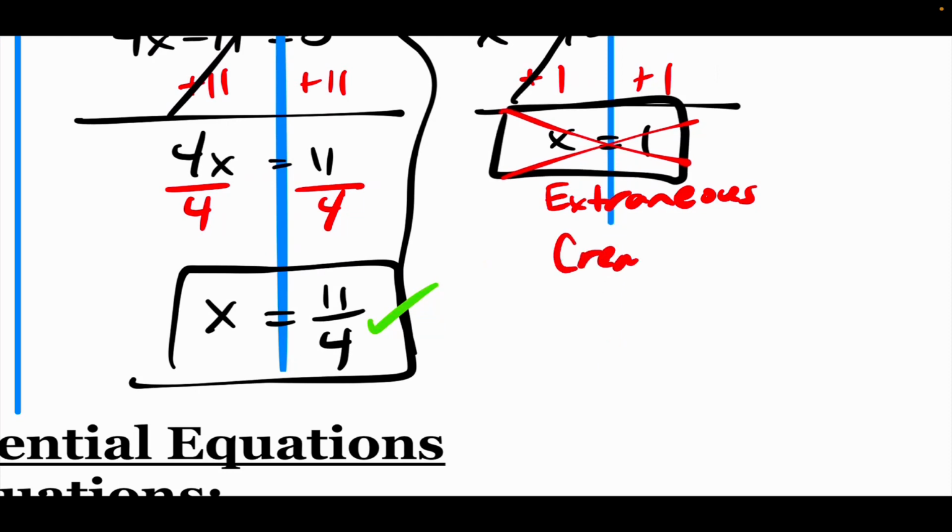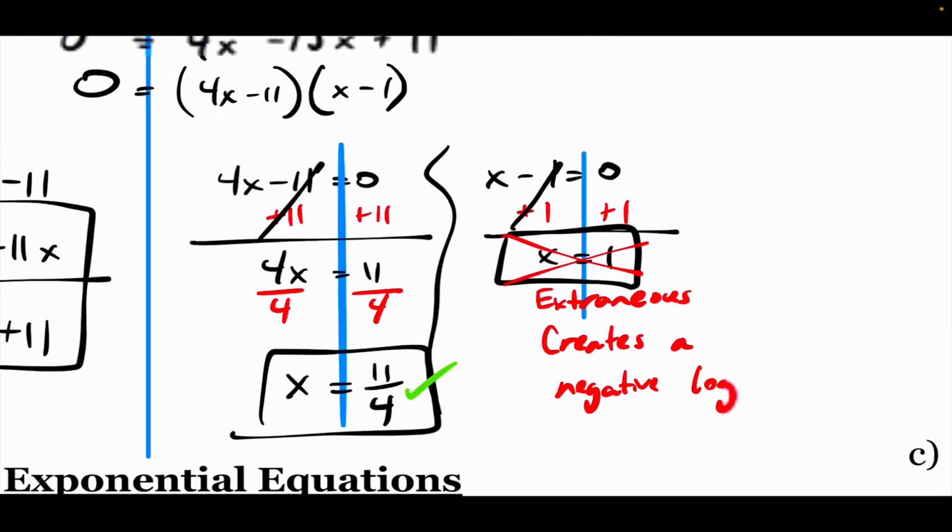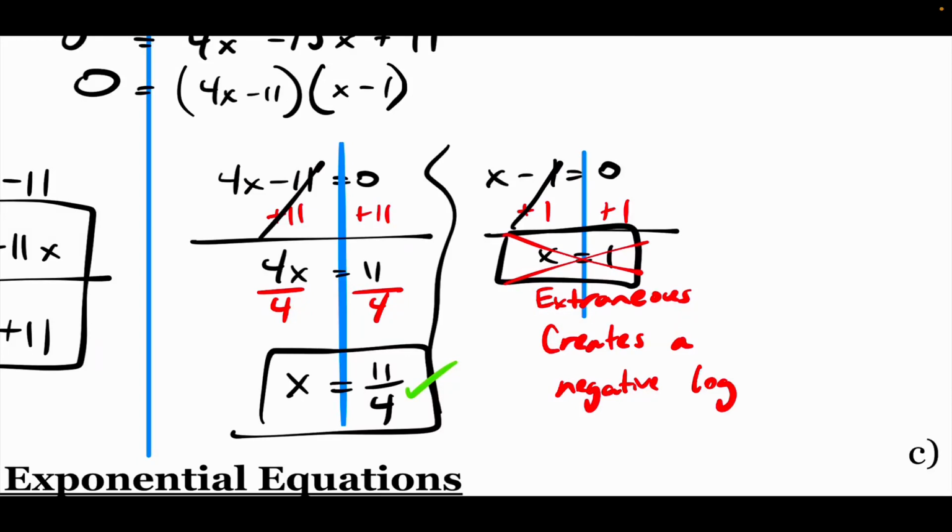It creates a negative log. That's why. So the only answer I would put is 11 over 4. Hit enter twice, one box, you're done.